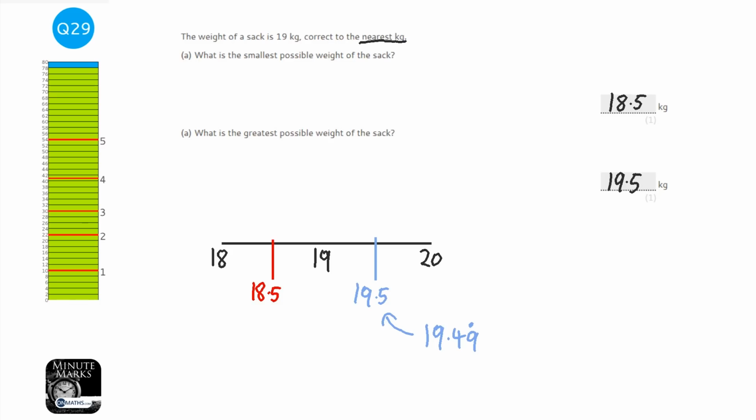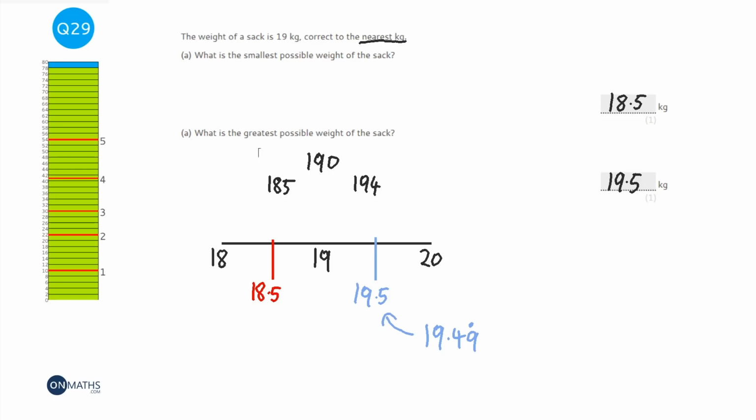Now, this works because it's a continuous scale. If you were doing an amount of counters, say if it was 190 counters to the nearest 10, then the lowest one would be 185, that would be fine. But the highest it could have been before it was rounded to the nearest 10 would be 194, because you can't get a 0.1 of a counter.